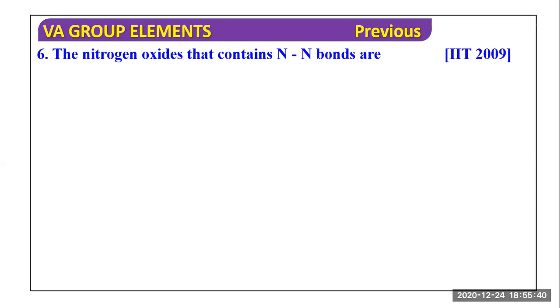Question number 6. The nitrogen oxides that contain N-N bonds are: N2O, N2O3, N2O4, or N2O5.